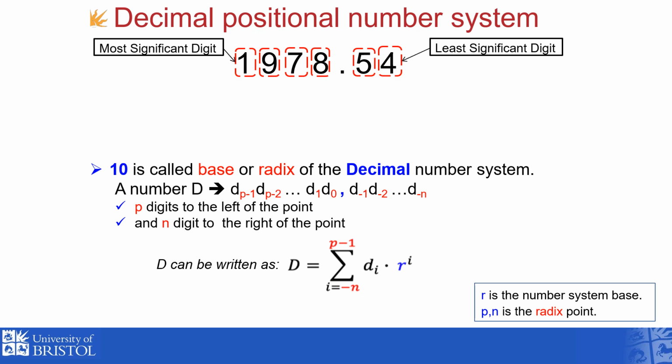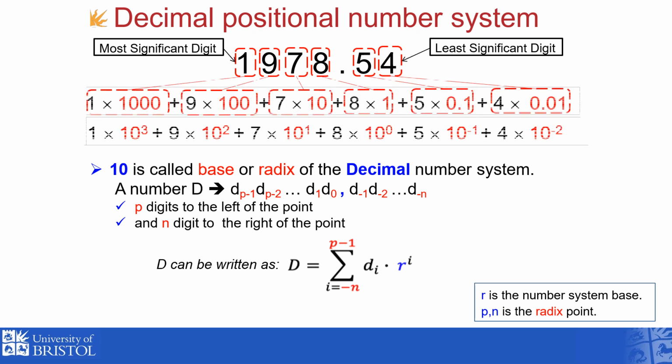Now notice that i is an iterator that starts from position -n. Each digit at each ith position is multiplied by r to the power of i. And as you're going to see later on in our examples more meticulously, this is very important. The base of the numbering system that you're using defines its overall value at each position.